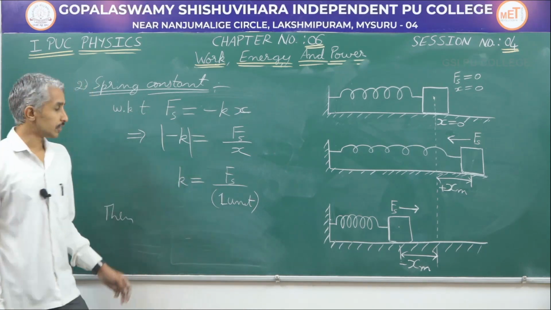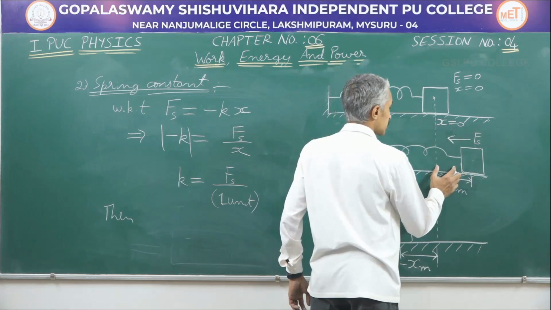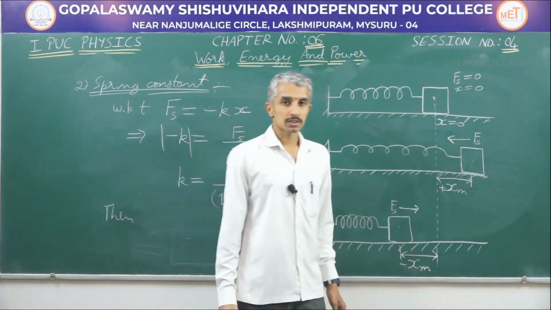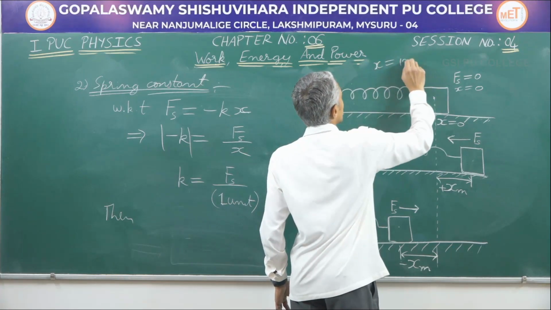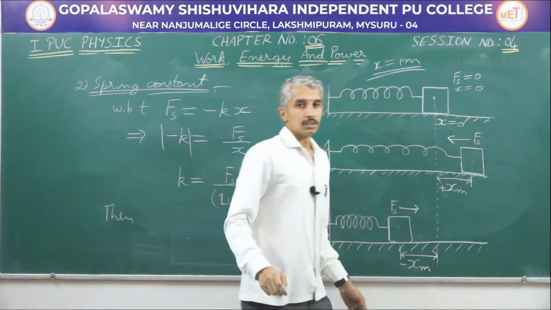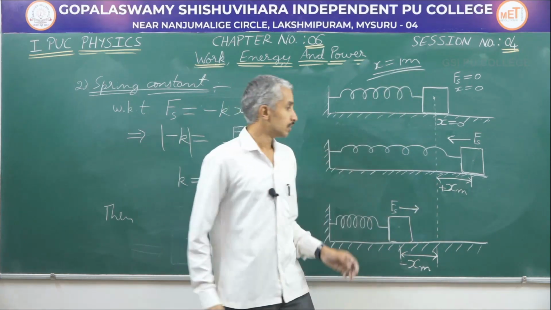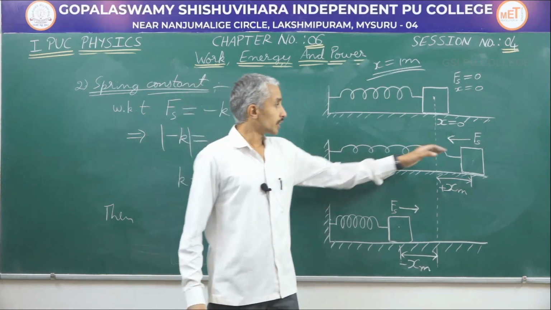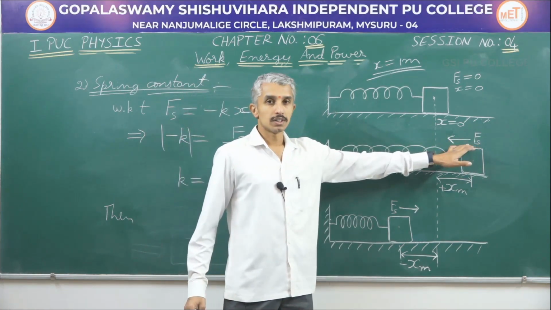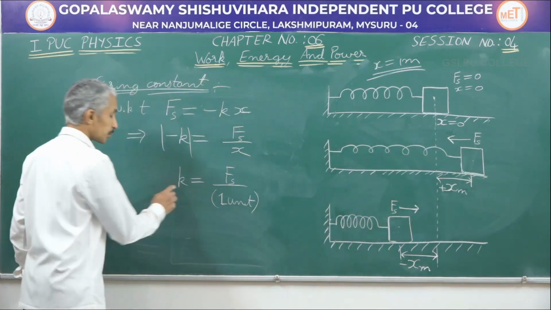Then spring constant, what is it? If I extend the spring by 1 unit in SI units, extension can be taken as 1 meter. So if I extend the spring by 1 meter, then what is the restoring force exerted by the spring? That is what is called the spring constant.